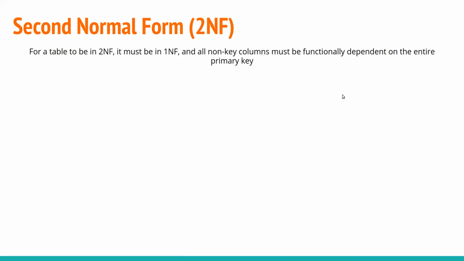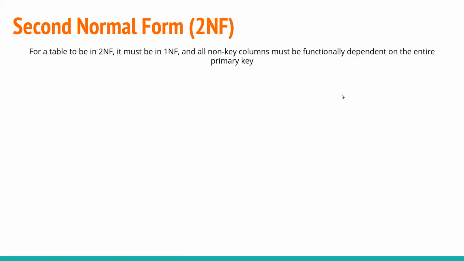As I said, it's almost always just like one sentence. So for a table to be in the second normal form, it must be in the first normal form, and all non-key columns must be functionally dependent on the entire primary key.